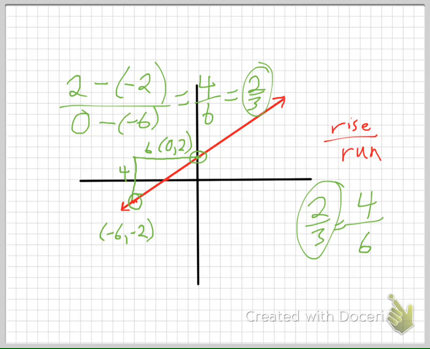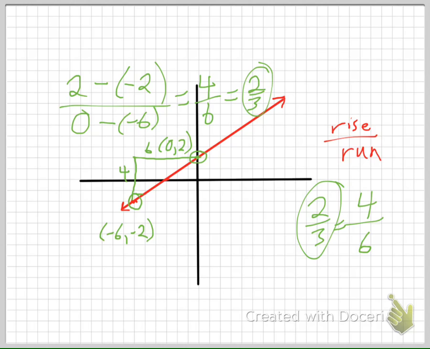Yeah, slope should be simplified. So yes, Josh. You don't make them into mixed numbers. We do want a slope to be a fraction because it's rise over run. If you make it a mixed number, then it's no longer rise over run. Then you have this whole number that doesn't really mean anything. So you can make it into a whole number if it divides out evenly, but never make it into a mixed number.